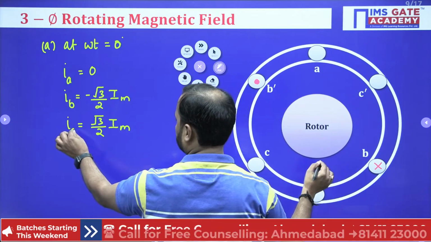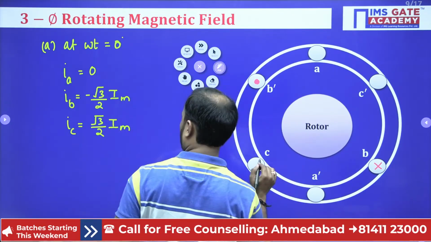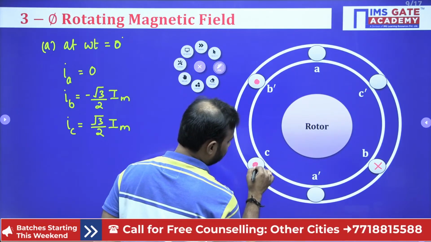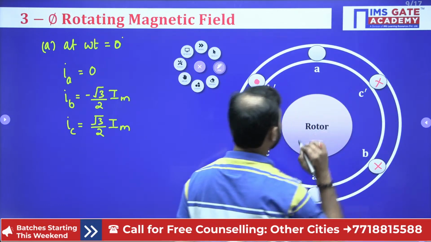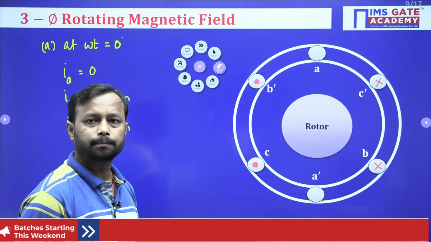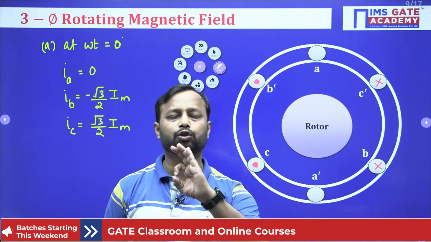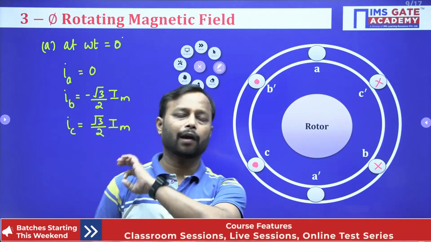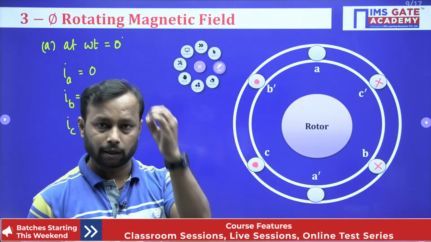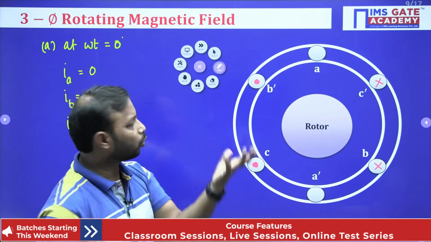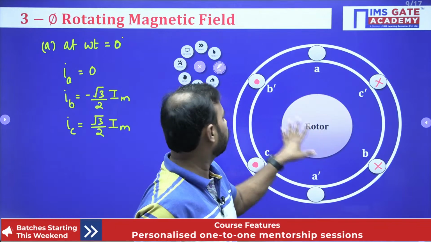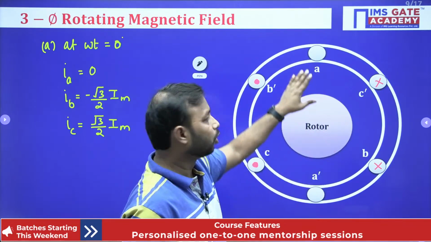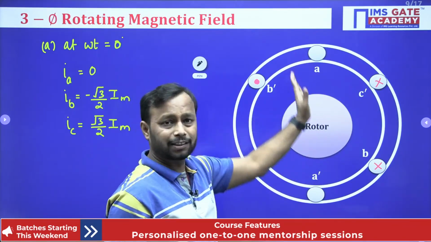And what about phase C? It is positive, so the direction will be the same as we have taken. In case of any doubt, please do let me know, I will be happy to clarify all your doubts. For phase A we do not have any current, so it will not participate in the production of magnetic field.